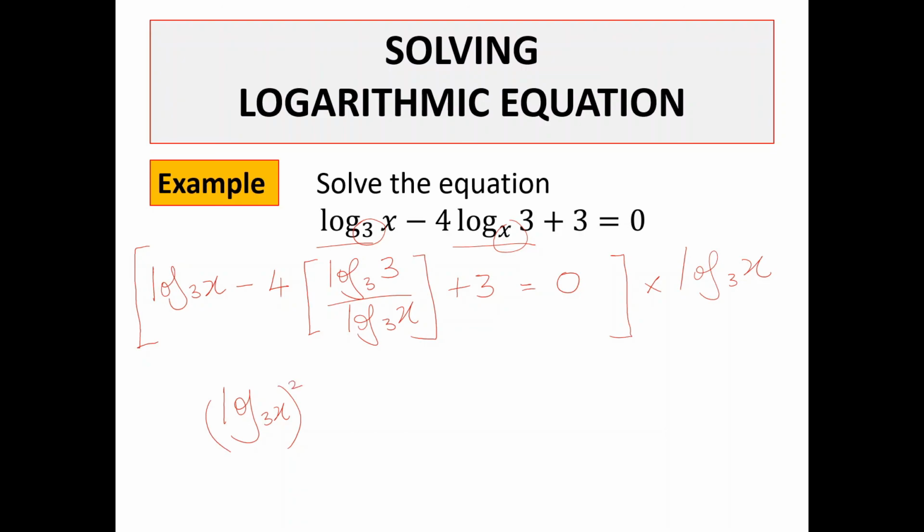When I multiply this one with log x base 3, I can eliminate the log x base 3 in the denominator. So I will end up with 4 times log 3 base 3, which is equal to 1. So 4 times 1 equals 4, and then plus 3 times log x base 3 equal to 0.